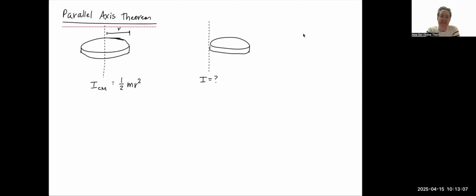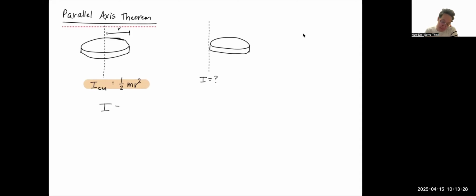The parallel axis theorem basically tells us that as long as we know the moment of inertia for the object through its center of mass, we can actually really easily calculate it through any other place.